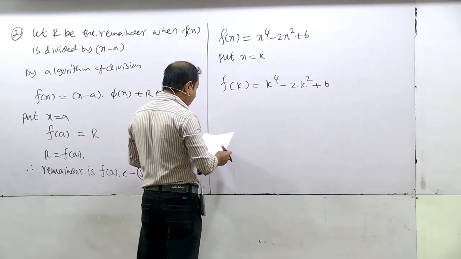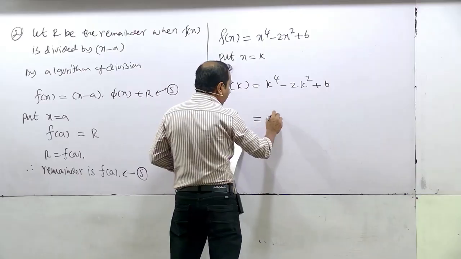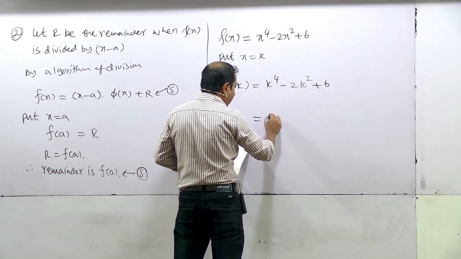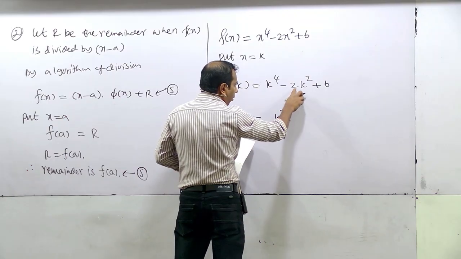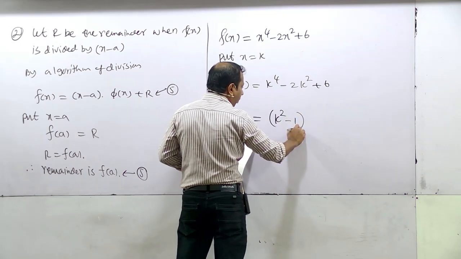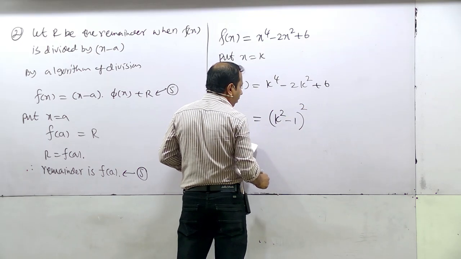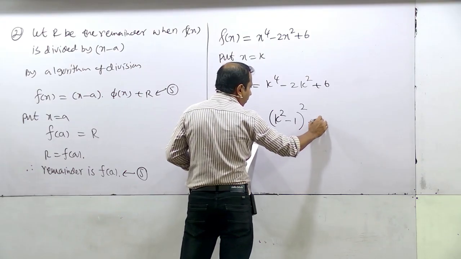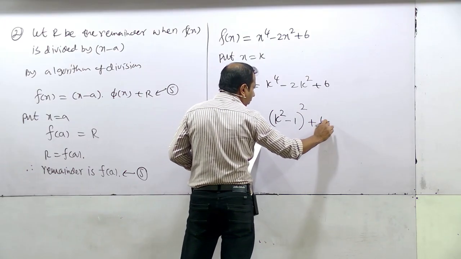So then we can simplify it like this. Complete the square: from k to the power 4 take k squared, divide the k squared coefficient by 2, we get minus 1, take the power of 2. Then 6, 1 squared is 1, minus 1.